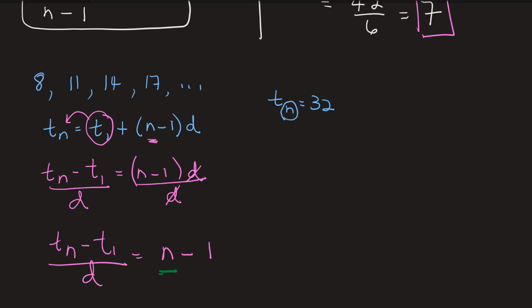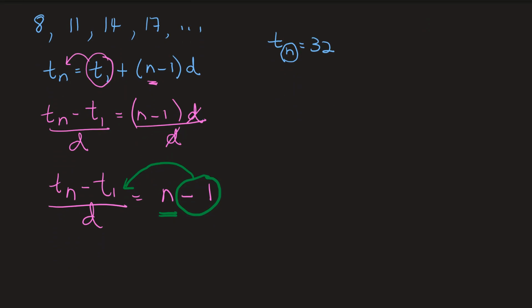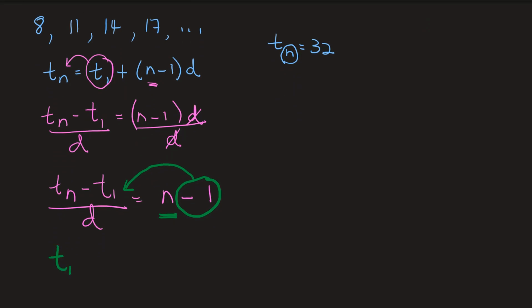I would like n by itself, so I'm going to take this minus 1 to the other side of the equation, so that I get Tn minus T1 over d plus 1 is equal to n.